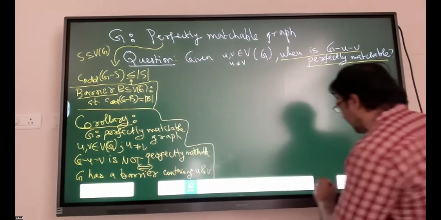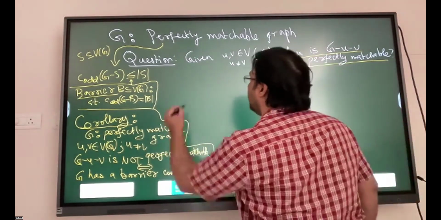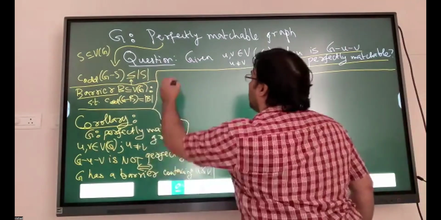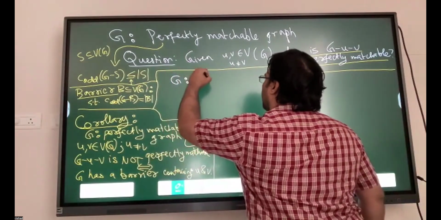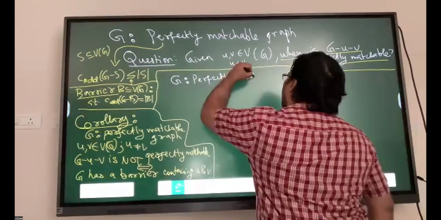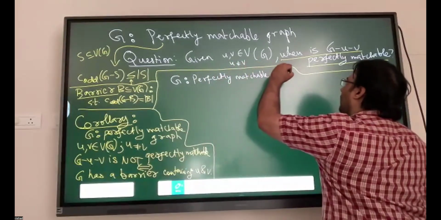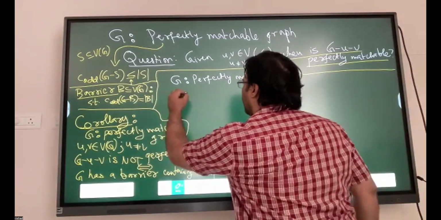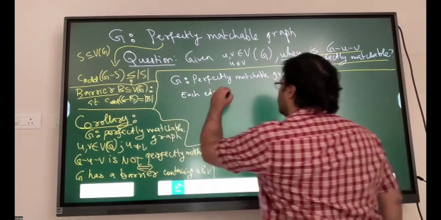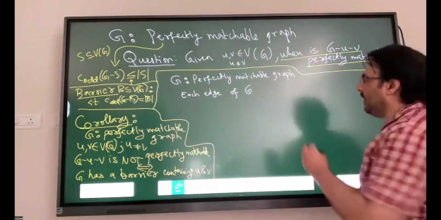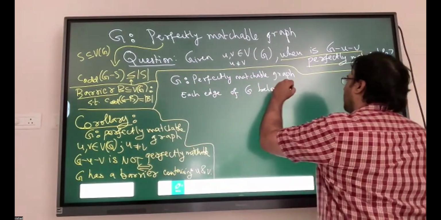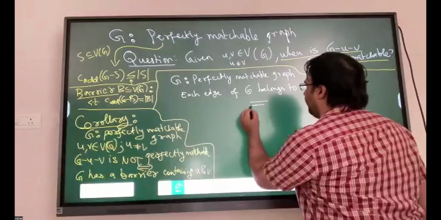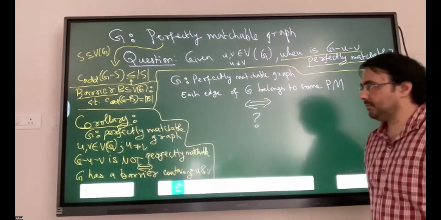Now I want to understand one more thing and you will see why. Supposing I have a perfectly matchable graph, and I want to understand when each edge of G belongs to some perfect matching if and only if something holds.